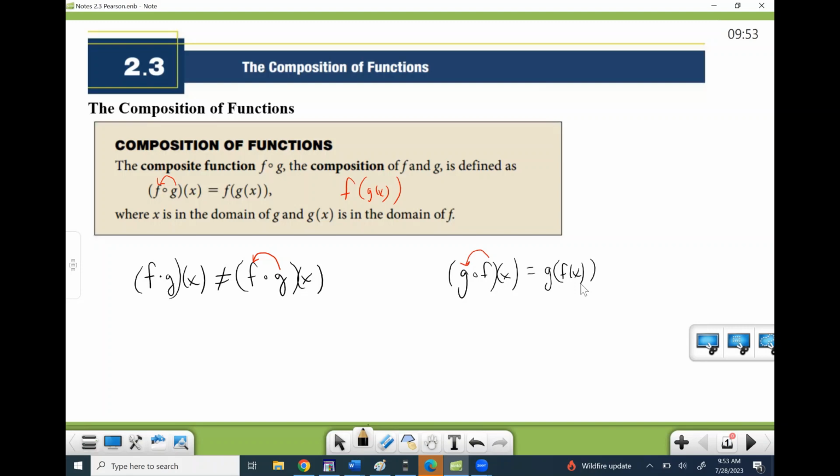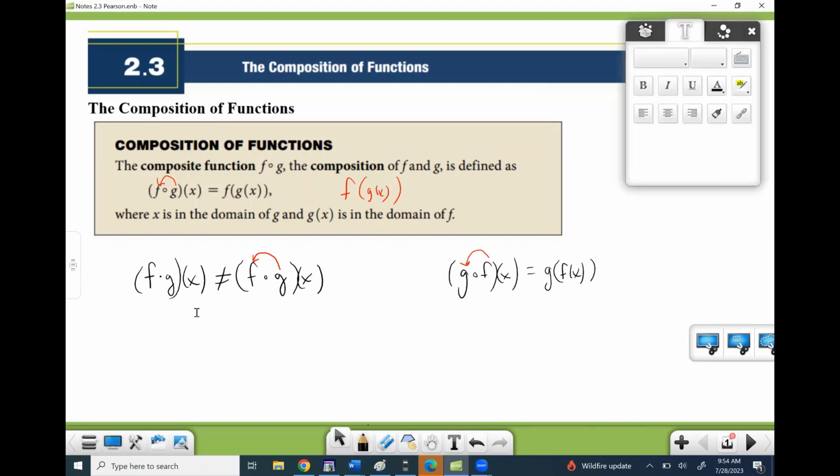The way that we read these, because you've got to be able to speak the language and feel comfortable with it: this one over here would be f composed g, or f of g of x. F of g of x is one way for you to say that, or f composed g of x.